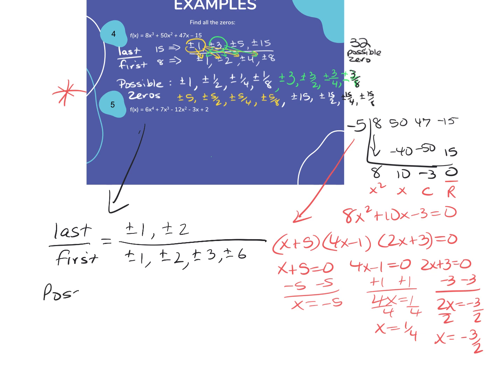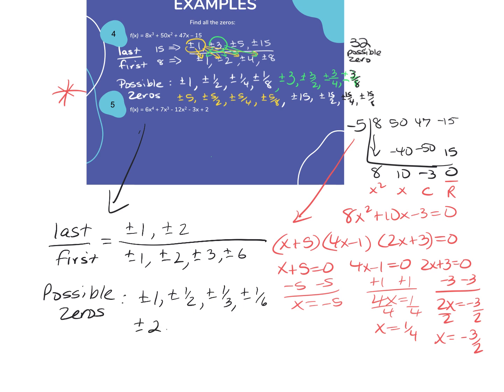So the possible zero list are going to be plus and minus 1, plus and minus 1/2. And then now I have also plus and minus 1/3 and plus and minus 1/6. Now I'm going to do exactly the same thing with the 2.